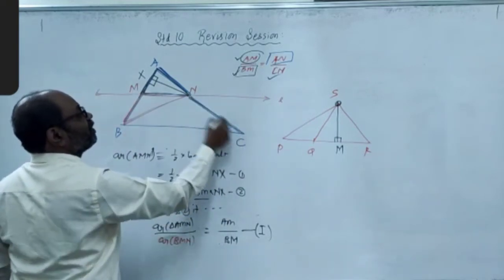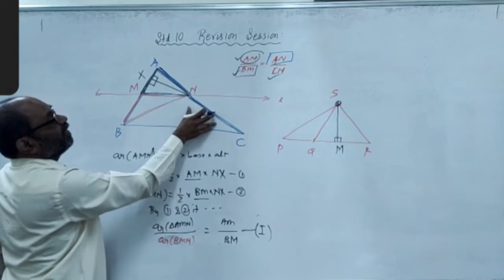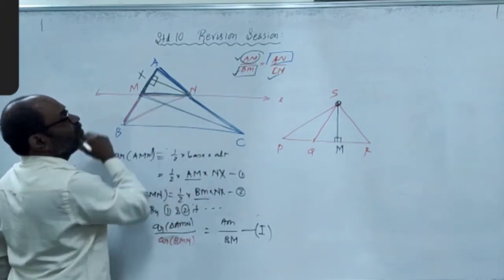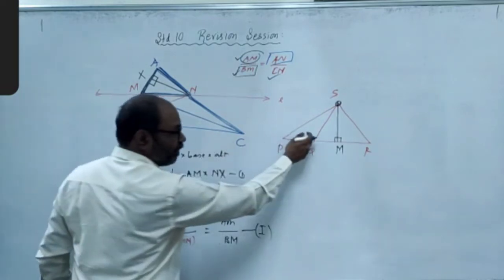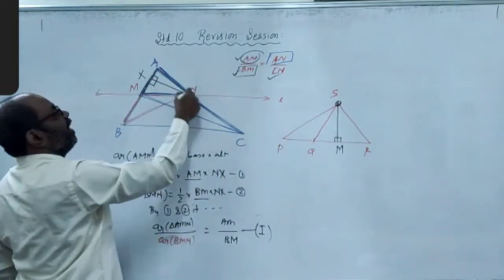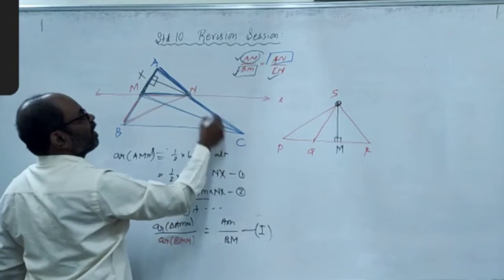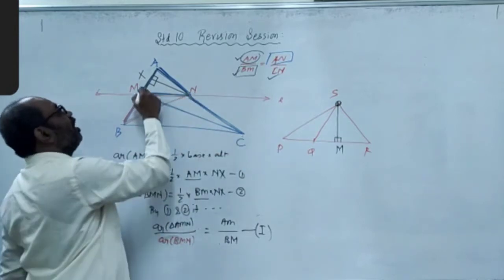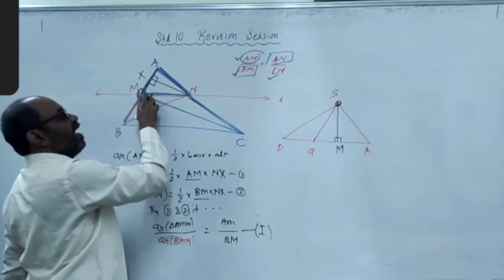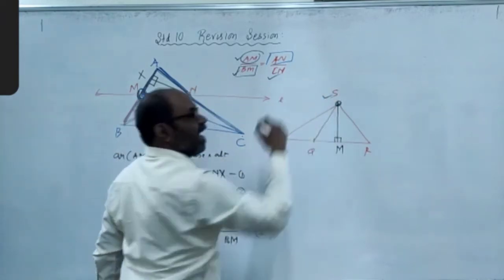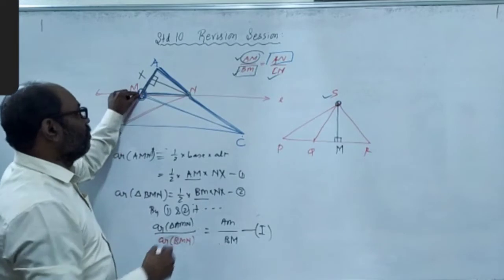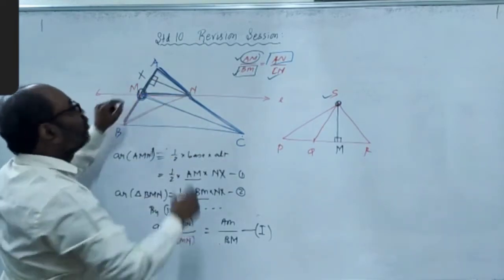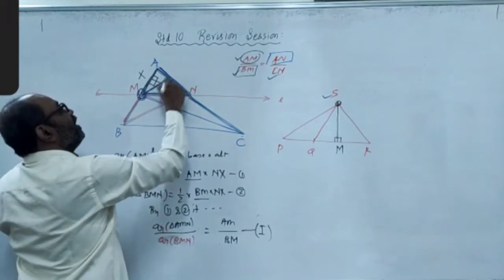CN is a side of which triangle? There is no triangle, but if you join M and C, you get this new triangle. So again this situation, this time triangle AMN and triangle CMN, and the altitude has to be dropped from here. N is the common vertex, just as S was the common vertex, here M is the common vertex of triangles AMN and MNC. So from there I'm going to drop a perpendicular.